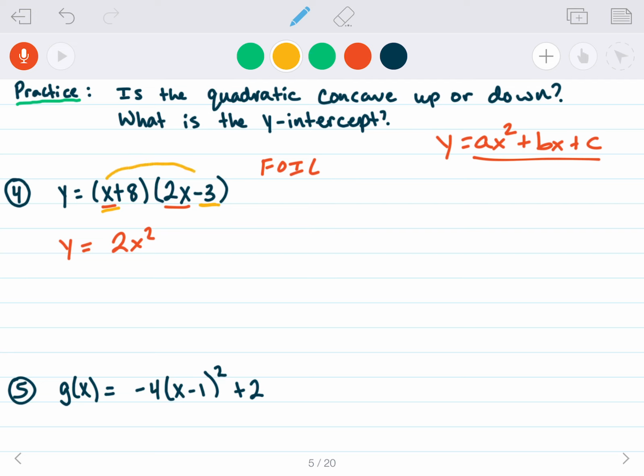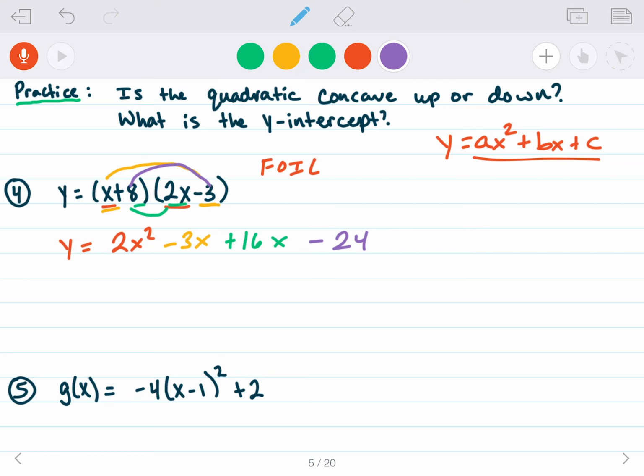So x times negative 3 is a negative 3x. Our inner is positive 8 times 2x, which is going to be a positive 16x. And finally, last is positive 8 times a negative 3, which is a negative 24.